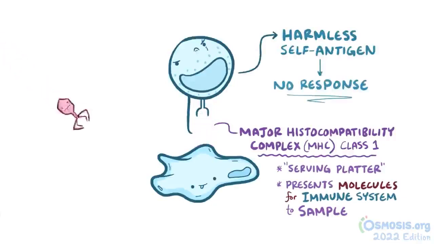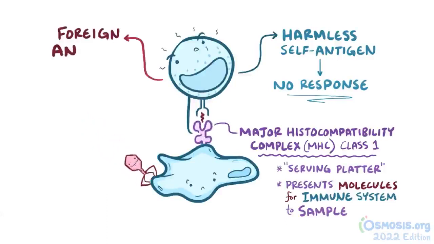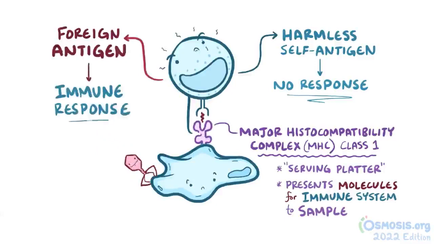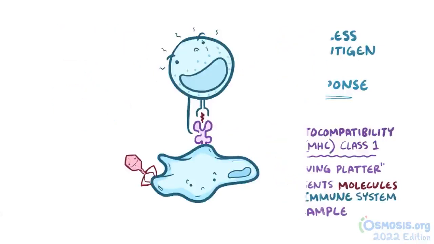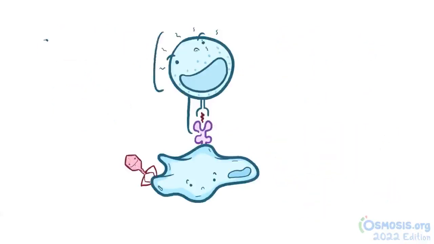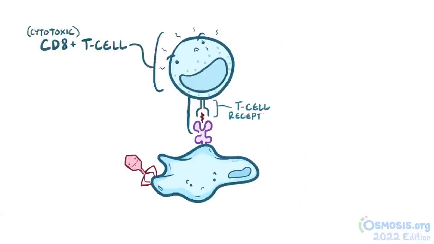But when a cell is actually invaded by a pathogen, like a virus, viral antigens from inside are presented on the MHC class 1 molecule, and that sparks an immune response. A type of T lymphocyte called a CD8 positive T cell, also known as a cytotoxic T cell, uses its T cell receptors to bind to the antigen presented by the MHC class 1 molecule.